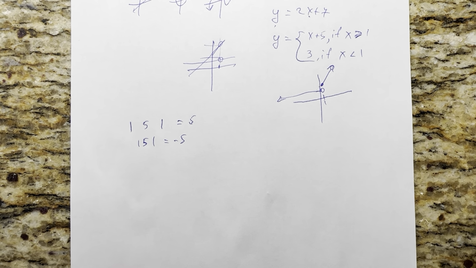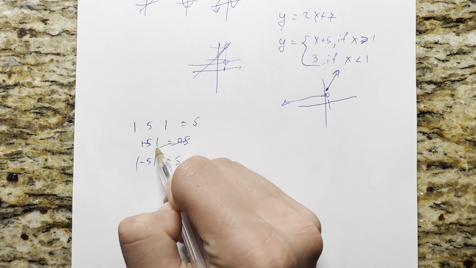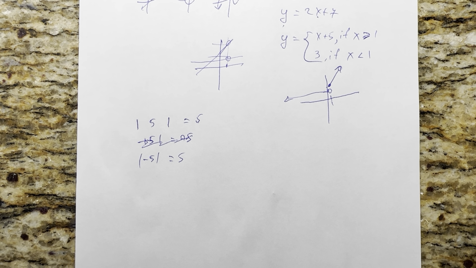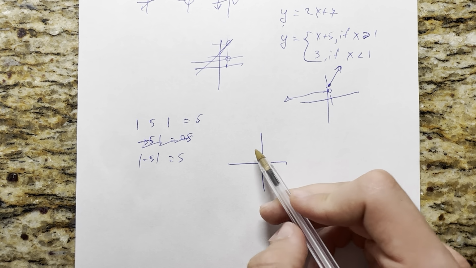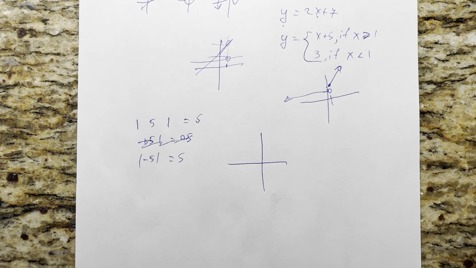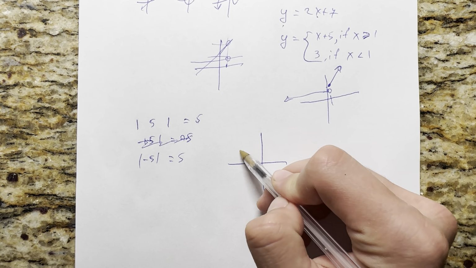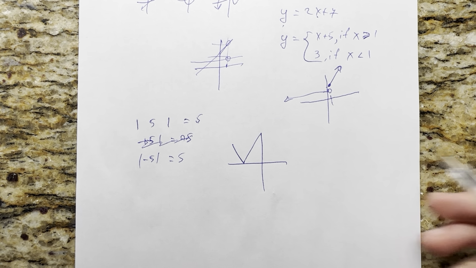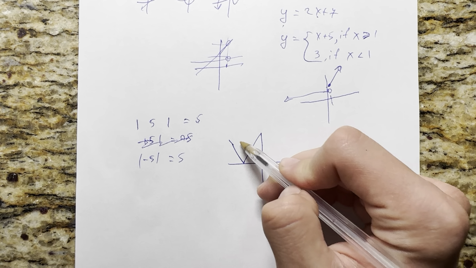Okay, forget about this. So anything that's in absolute value will always be positive. Which means that an absolute value function will always be positive and it will not drop below 0 unless specified otherwise. So it can be like this, or maybe like this.